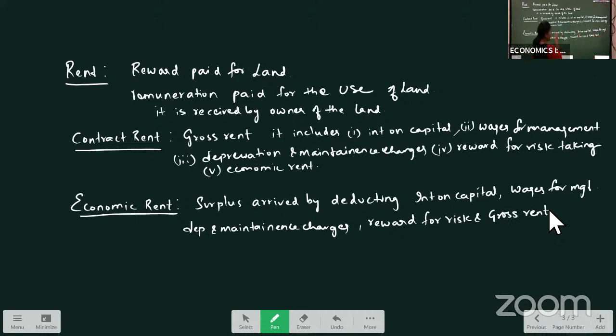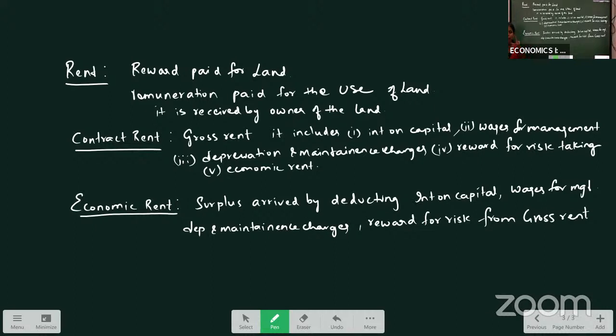If we deduct all this from our total rent, from gross rent, the surplus which we get is called economic rent. Means from the total rent what we are receiving.